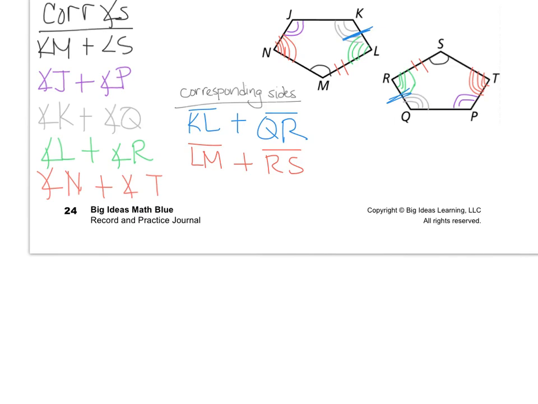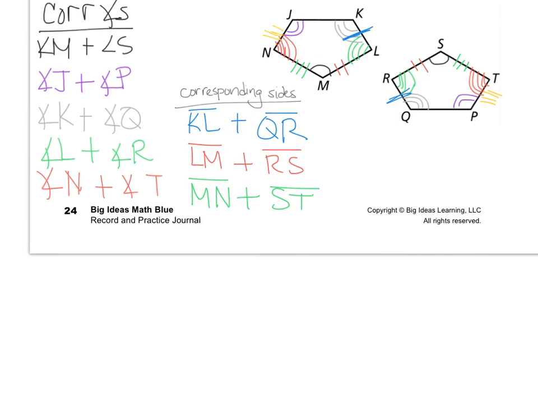Let's go to corresponding sides. Let's start with MN. MN corresponds with ST. So MN and ST. Our next corresponding sides, let's go with TP and NJ.